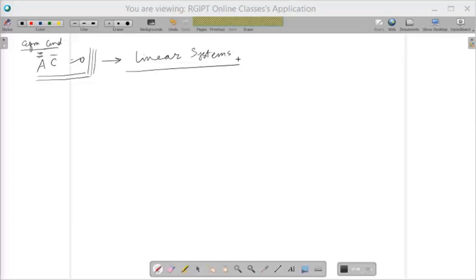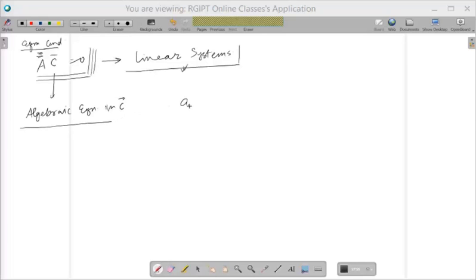I'm not going to spend too much time on linear systems because mostly we'll probably be talking about differential equations. But in this problem, what we are going to get is actually an algebraic equation in C, or CA, CB, CC.